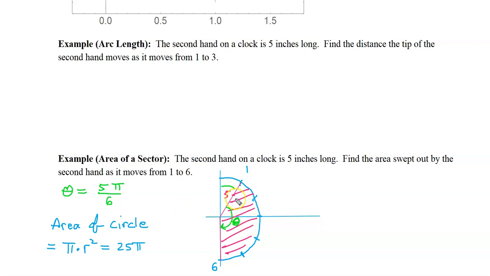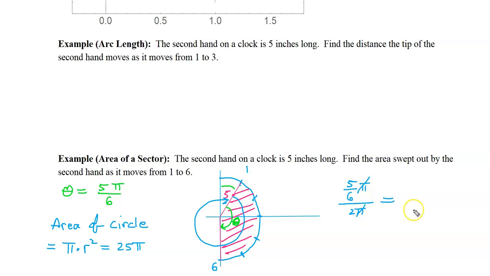Well, notice that if we were to go all the way around, we would sweep out an angle of 2 pi. So to get the fractional part that this sector is of the entire circle of radius 5, we can just evaluate 5/6 pi divided by 2 pi.